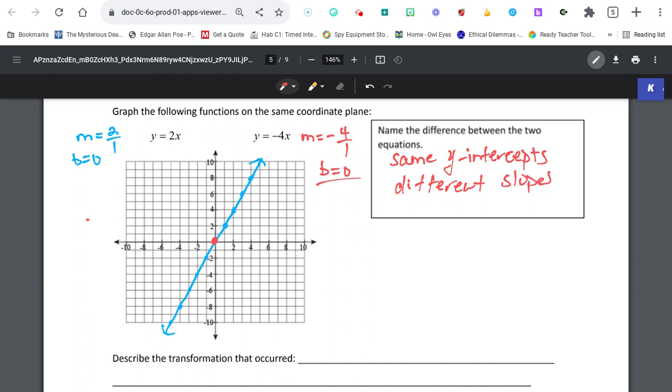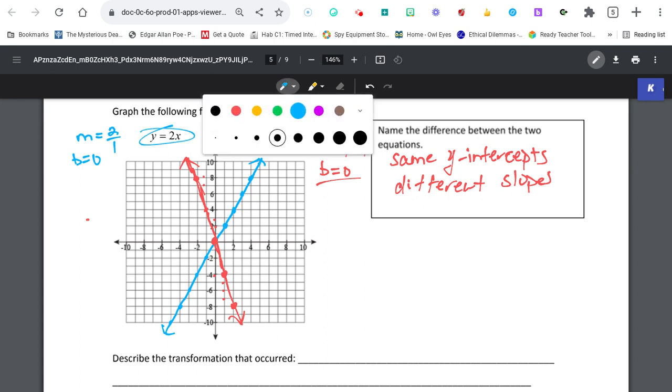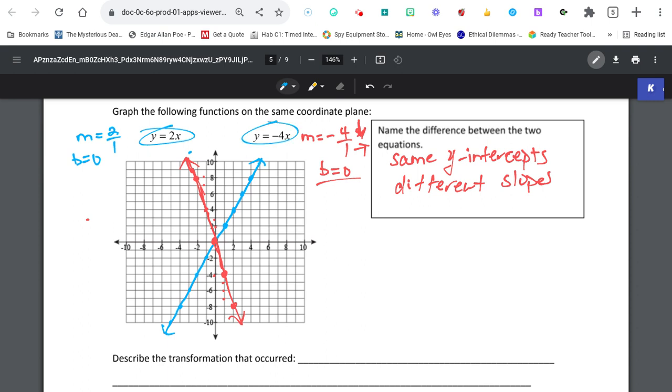But let's go back to graphing b = 0 and go down 4 and right 1, down 1, 2, 3, 4 and right 1, or I can go up 4 and left 1. And that's my line. So I have the blue line going to the red line.